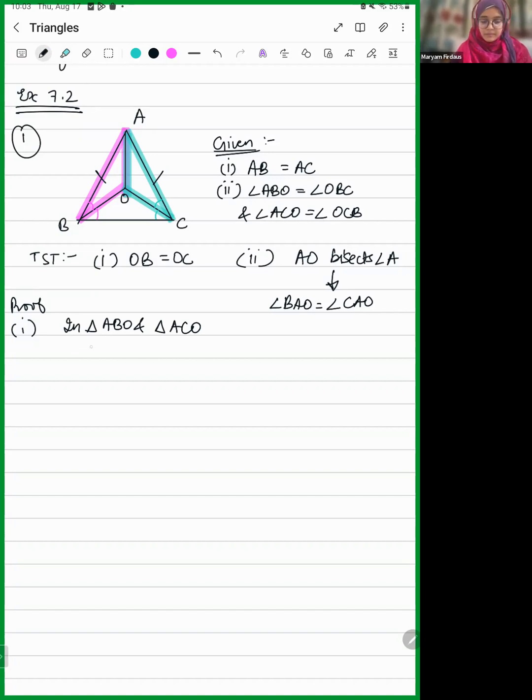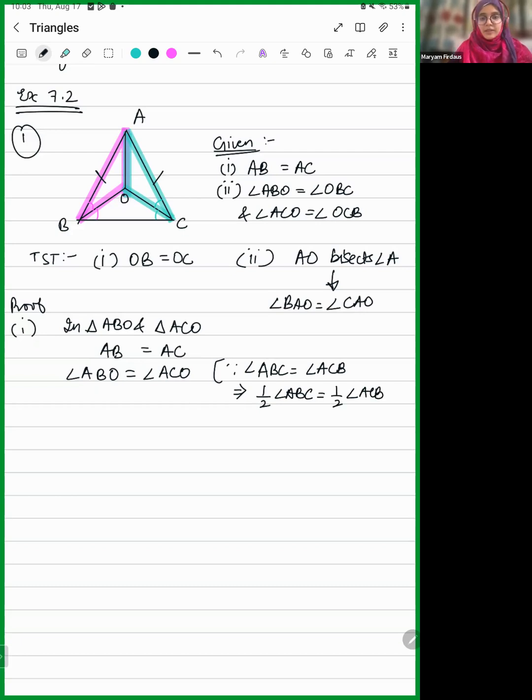AB equals AC, and angle ABO is equal to angle ACO since angle ABC is equal to angle ACB. That implies half of angle ABC is equal to half of angle ACB.